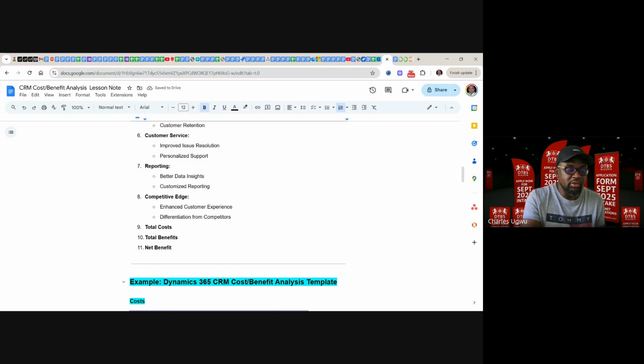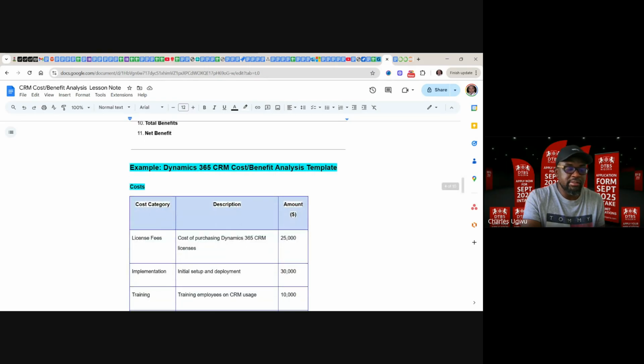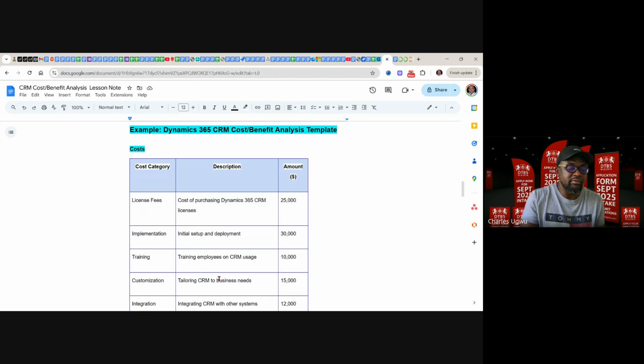Looking at it on the Dynamics template here, we have the license fee, the cost of purchasing the Dynamics 365 license, say $25,000. Implementation, that is initial setup and deployment, you can say 30,000.